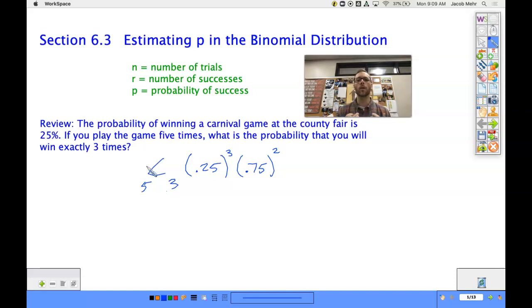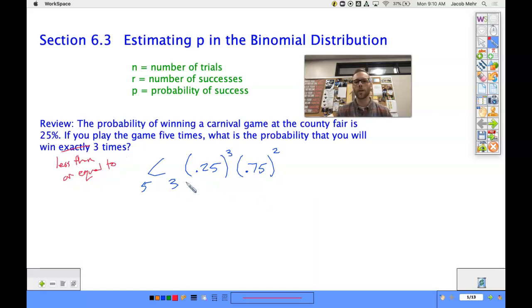Now remember that we used a standard normal curve to approximate probabilities. Like if I change this to be not exactly 3 times, but let's say less than or equal to 3 times.